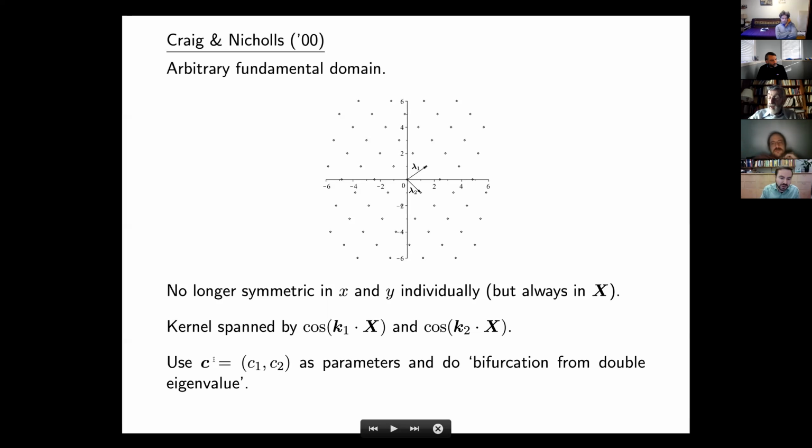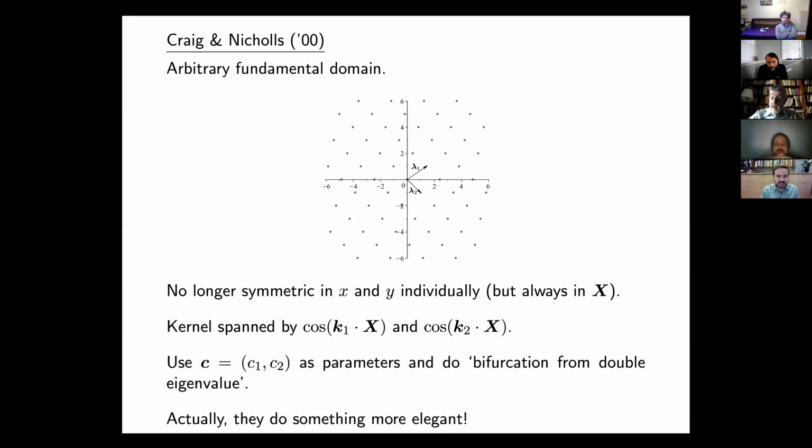Instead of having the wave vector aligned with the horizontal axis, you allow it to be general and to vary in both directions. And now you have 2 parameters, and then you can do bifurcation from a double eigenvalue. And so instead of having a curve of solutions bifurcating off, you get a surface, a bifurcation surface. So this is what you can do to handle this case.